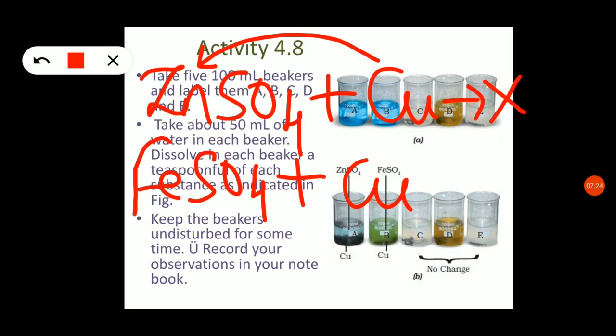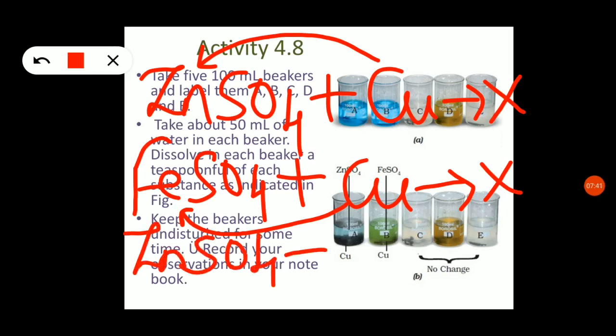Hence copper cannot displace iron from its salt solution. Here also there is no change observed. And in the beaker E, you had taken zinc sulfate plus iron nail was added to it.